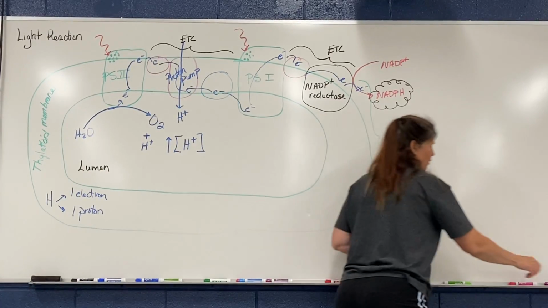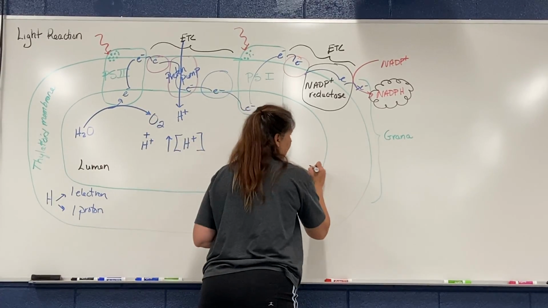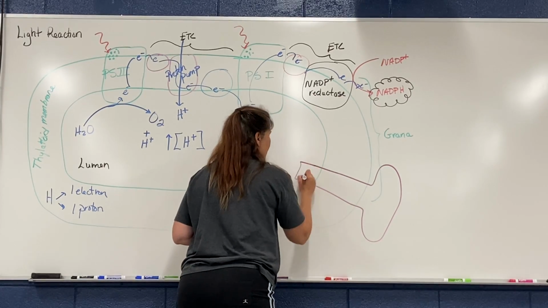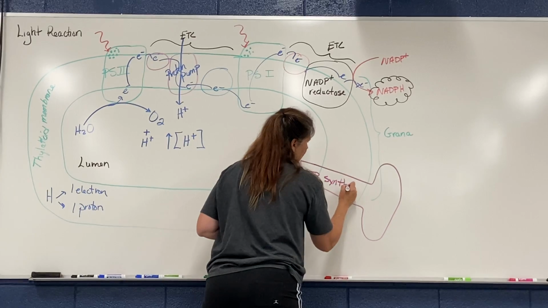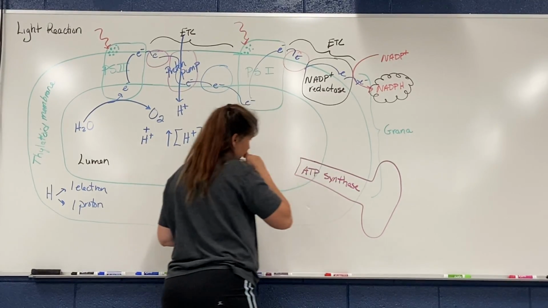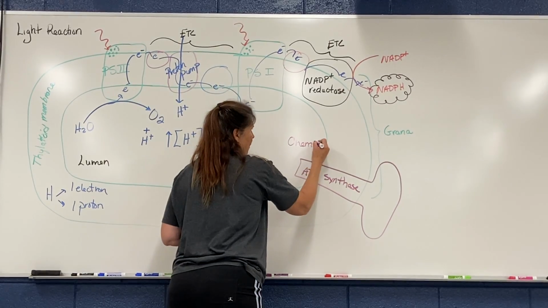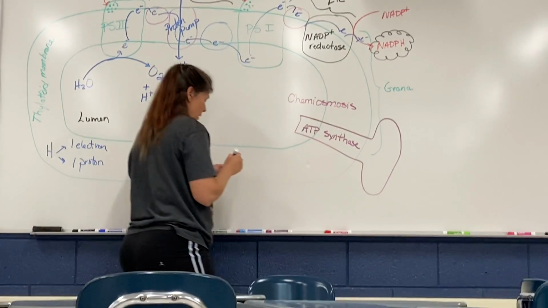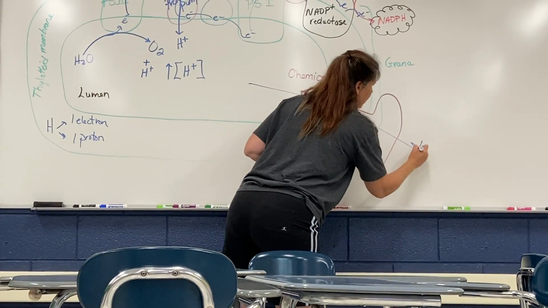Now we have done this for a reason, and the reason why we did this is because we are going to have our ATP synthase. And remember, with our ATP synthase, we're going to undergo chemiosmosis, which means we're going to diffuse our protons down that concentration gradient.